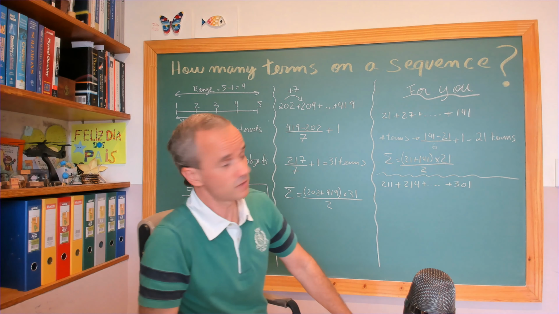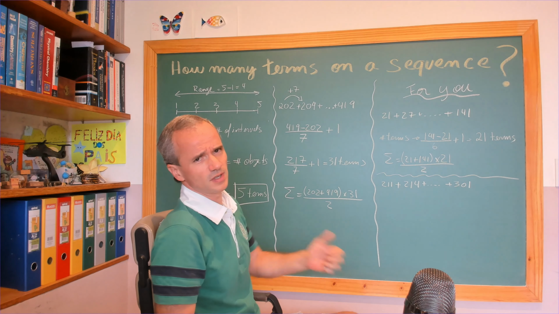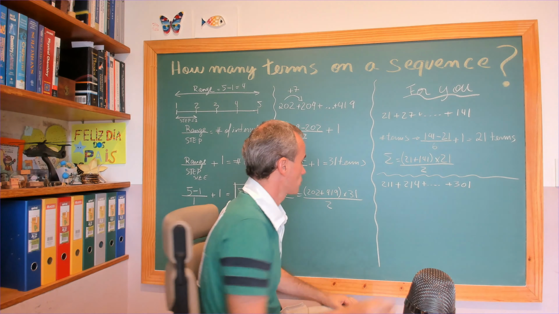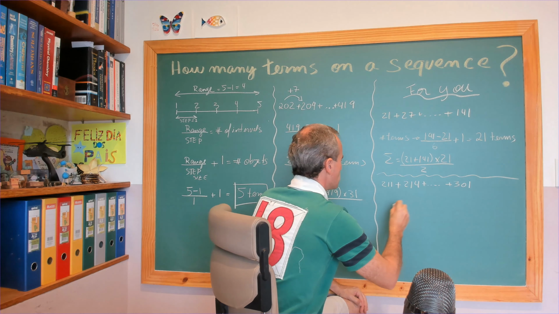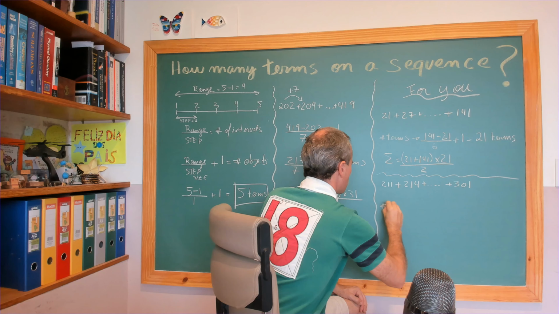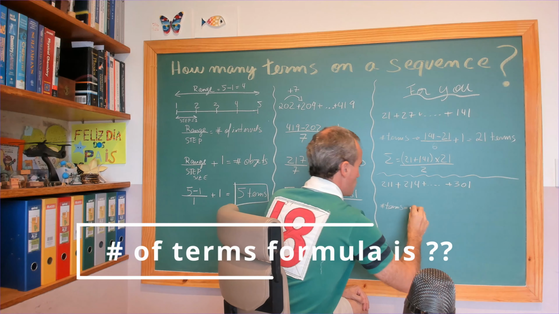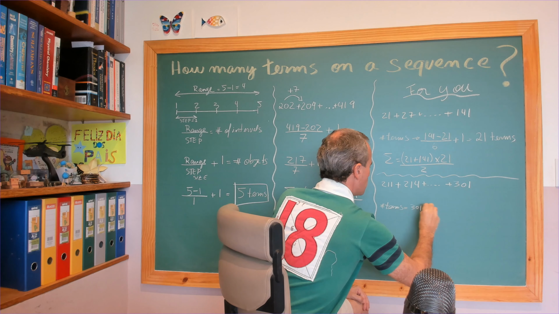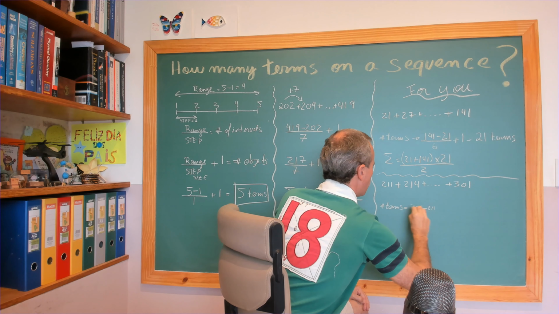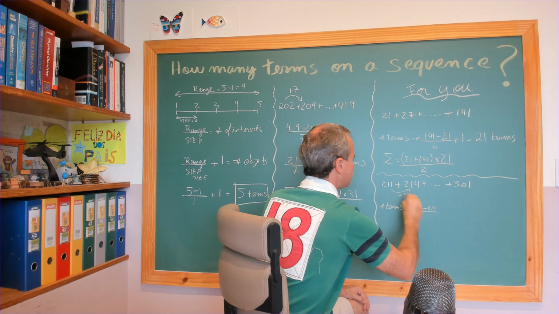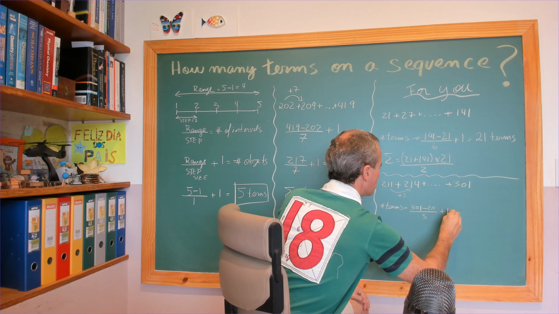Again, please pause the video so you can do it on your own, and then you continue. I'm going to consider you already did it on your side. So the number of terms is going to be the range divided by the step size, in this case always 3, plus 1.